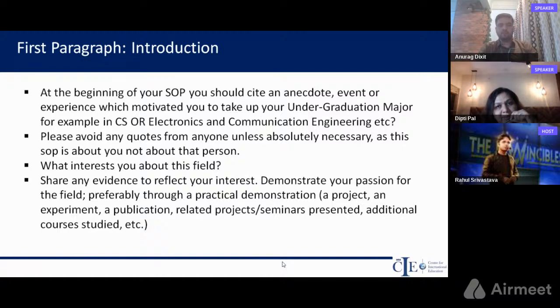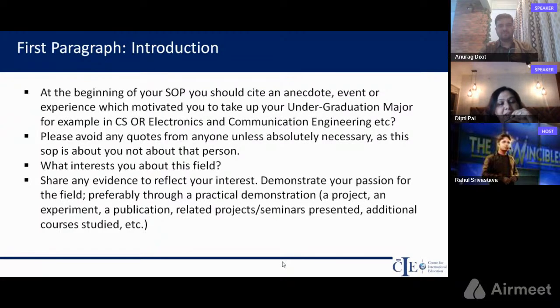Otherwise, not required. Yeah, I agree with Anurag. I think we have witnessed this, and we have edited so many SOPs. Anurag, you remember that some students will write quotes from Sanskrit, translated into English, and some quotes have no relevance to their master's studies. At times it's very amusing for us to find such quotes which have no relevance.